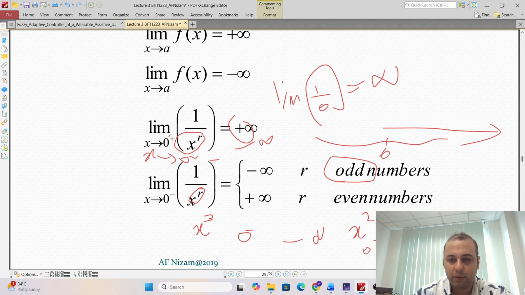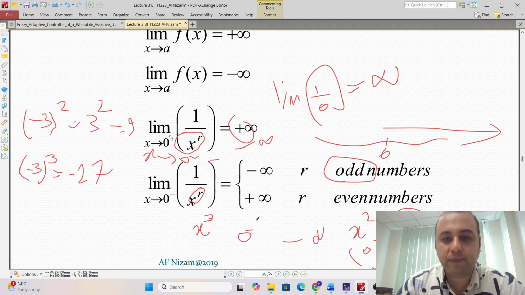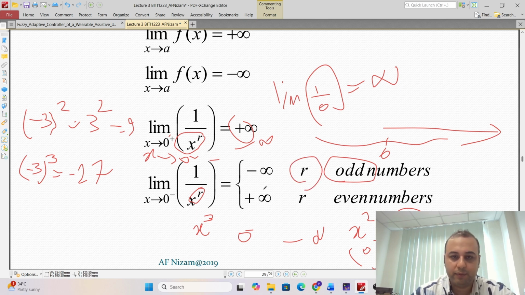So 0 minus to the power 2 will be, because this is even, plus infinity. We know, for example, with this concept that minus 3 to the power 2 is equal to 3 to the power 2, right? So equal to 9. But minus 3 to the power 3 is minus 27. That's why if r is an odd number, it's minus.